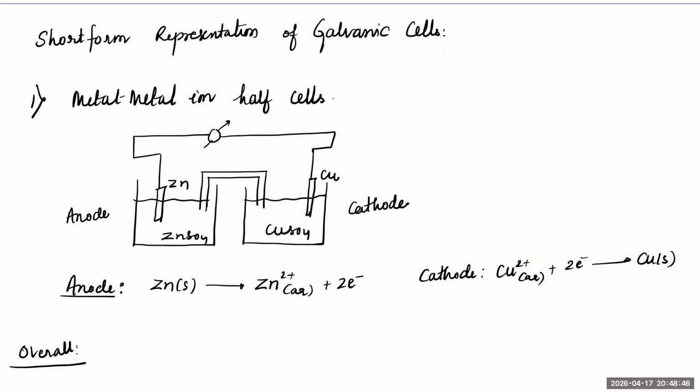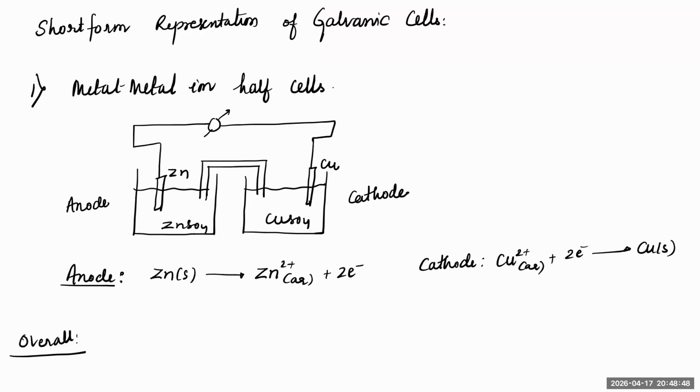Now let's go into detail about how to represent the galvanic cell, and just by the basic notation you should be able to figure out what is the anode reaction and what is the cathode reaction. This is a very important area to understand, how to represent the cell.